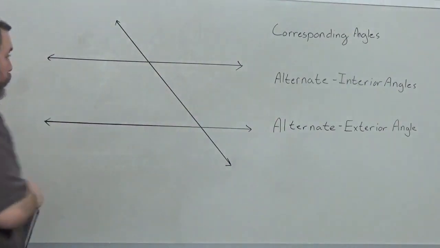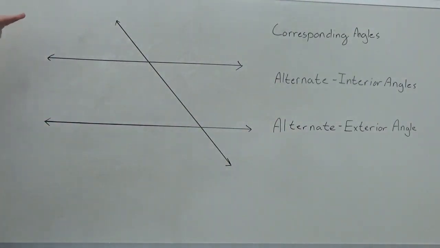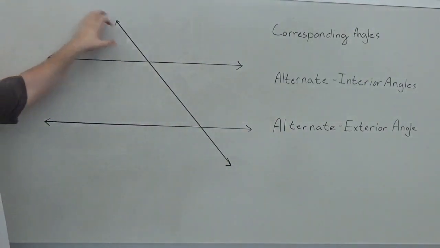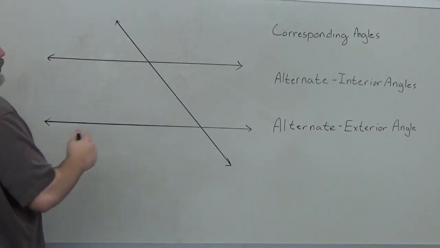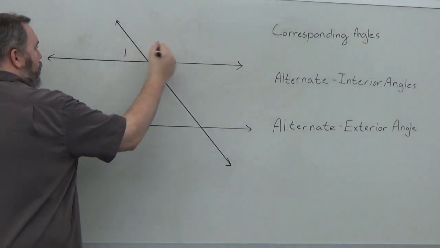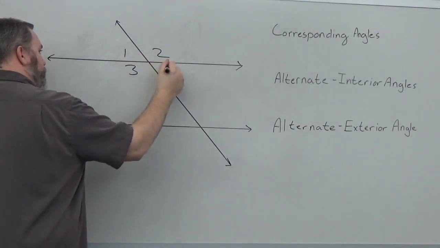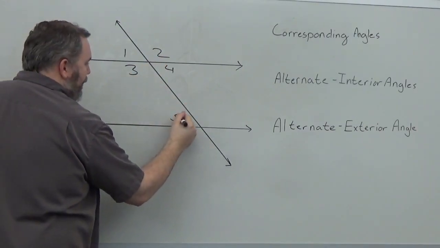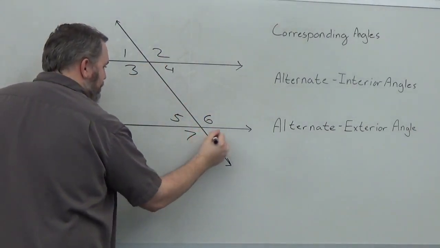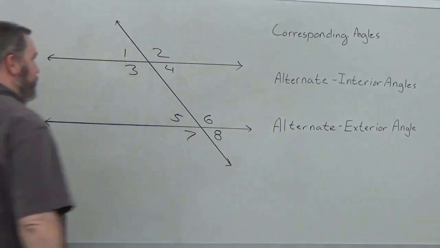So, what's happened is when we've taken these parallel lines and we've cut them by a transversal, we've made some angles, and we're going to go ahead and label them. We're going to say angle 1, 2, 3, 4, 5, 6, 7, and 8.